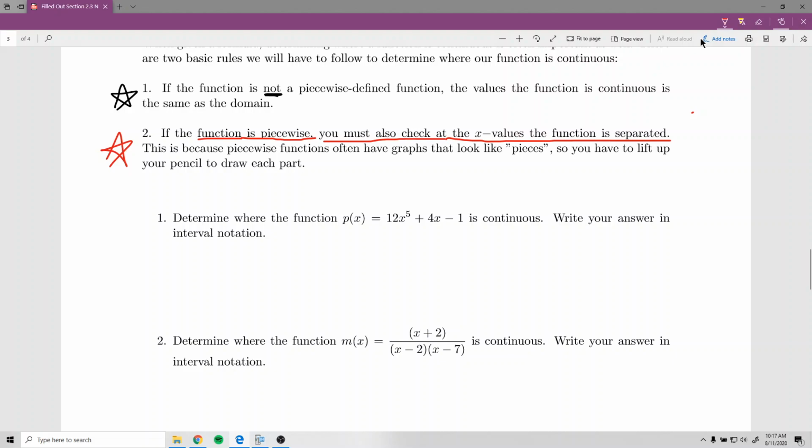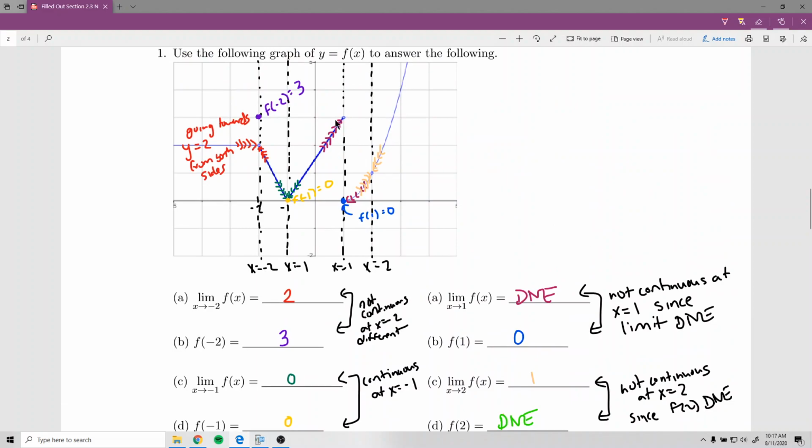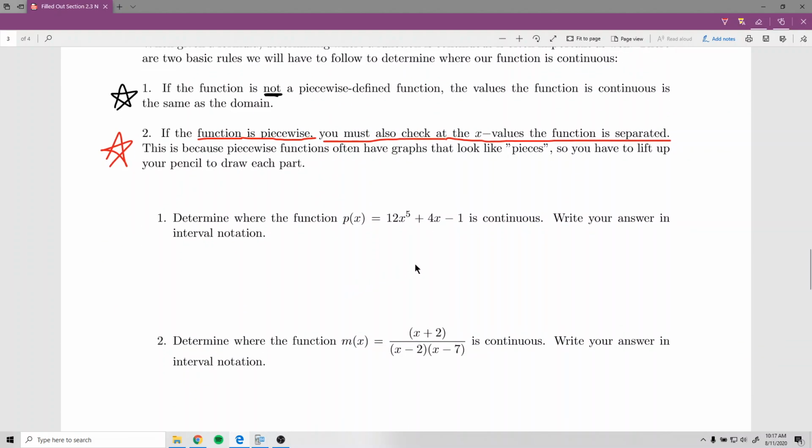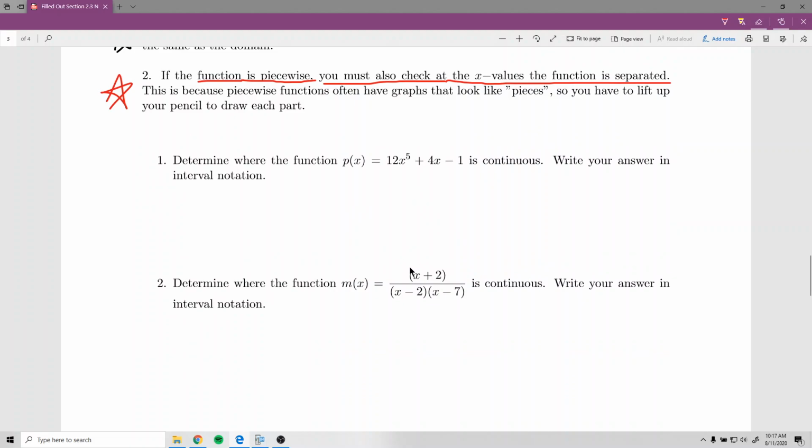This is because we've already talked about how piecewise functions often have graphs that look like pieces, meaning they are separated. So they could look something like this, where you have this little section here and then the next little section is like this, and it's not continuous there. So you have to check where it's separated, and you have to lift up your pencil to draw each part.